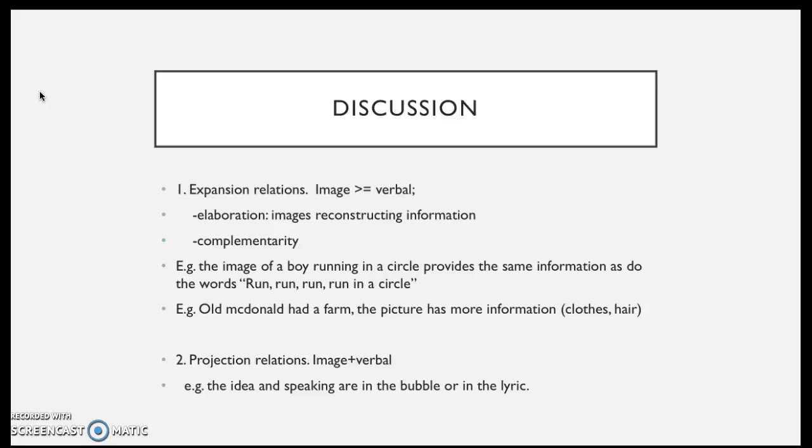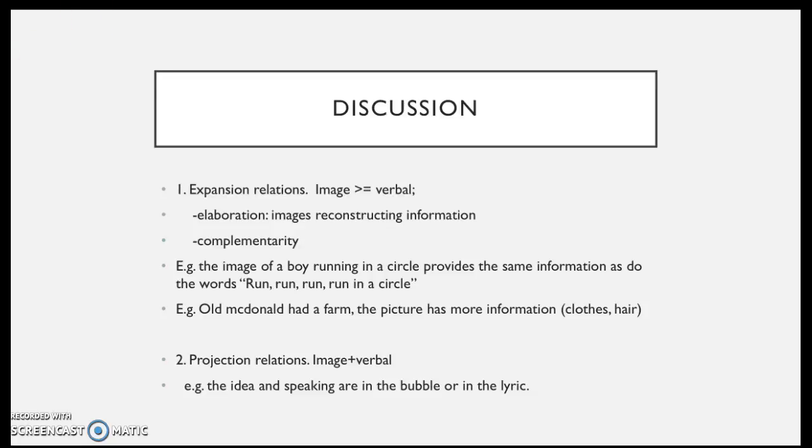The first one is expansion relations. Expansion relations refers to all visual-verbal relations in which images provide information that closely overlaps or clarifies information represented verbally or has not been provided by words.